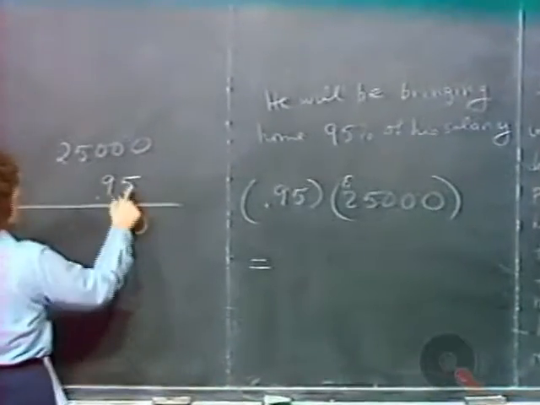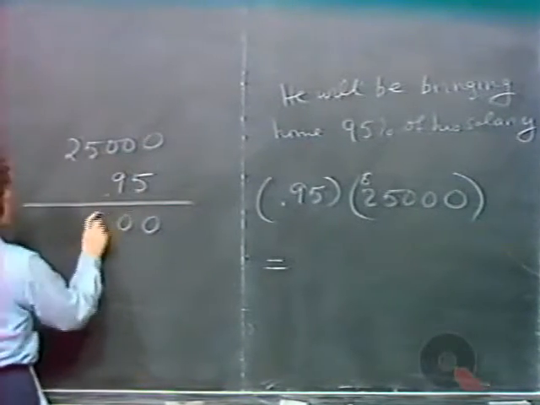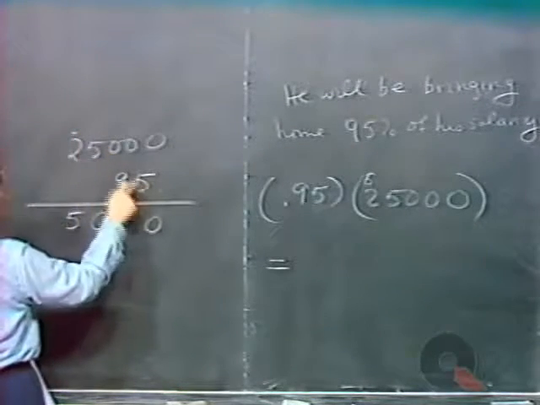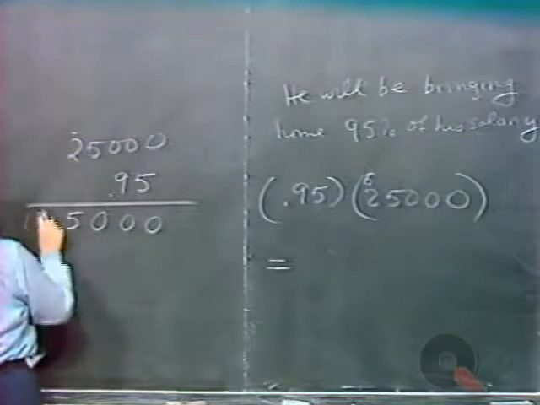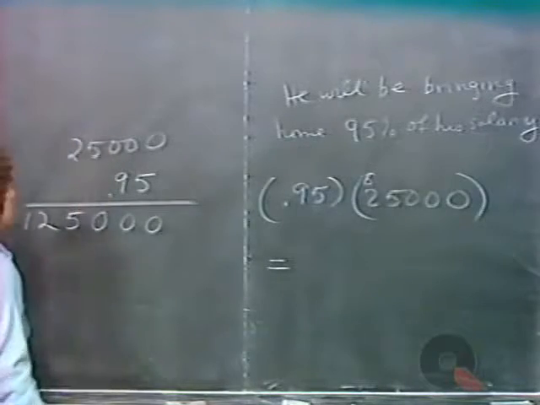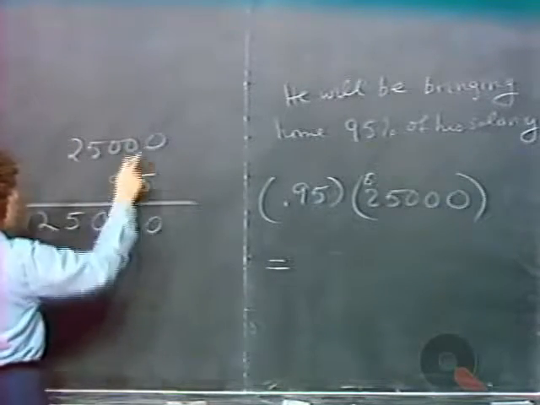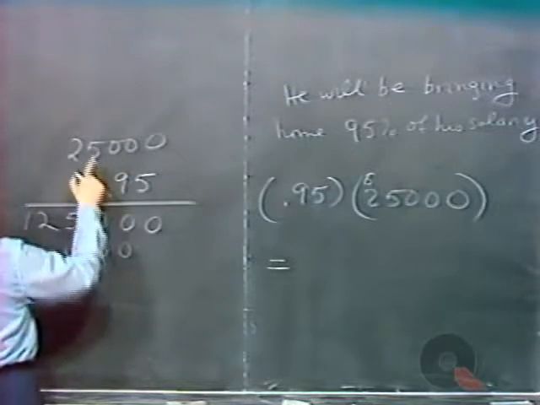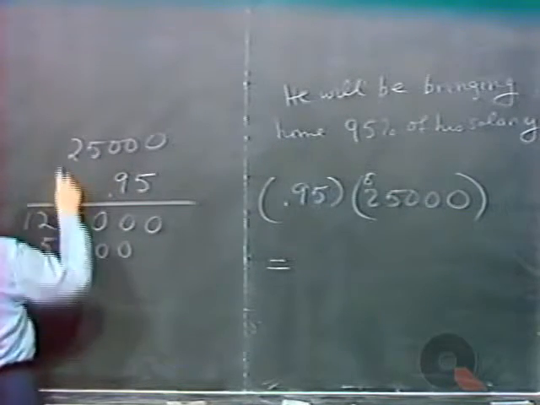5 times 0, 5 times 0, 5 times 0. 5 times 5, carry the 2. 2 times 5, 10, and 2, that's 12. Then 9, indent 1, 9 times 0, 9 times 0, 9 times 0. 9 times 5, 45.